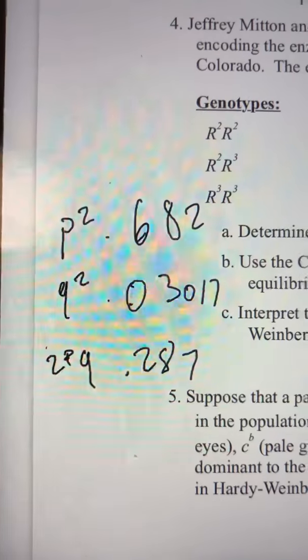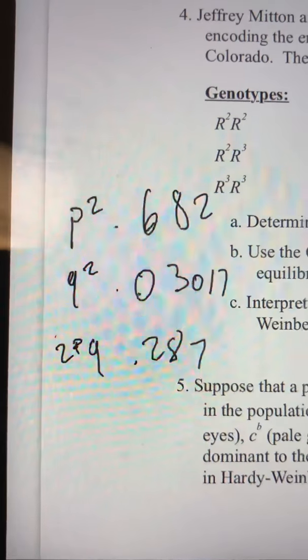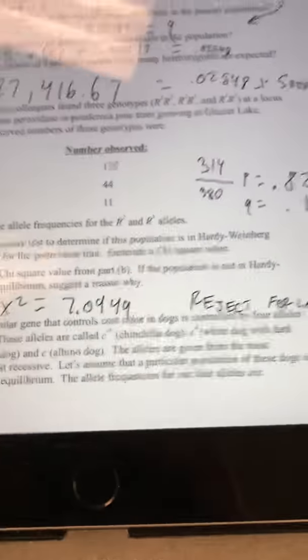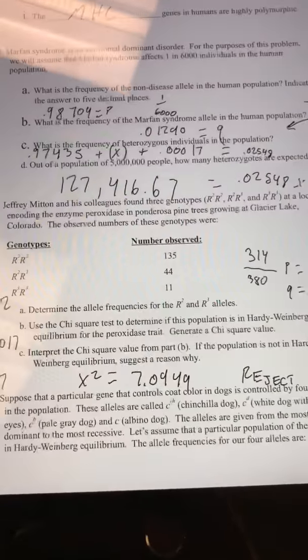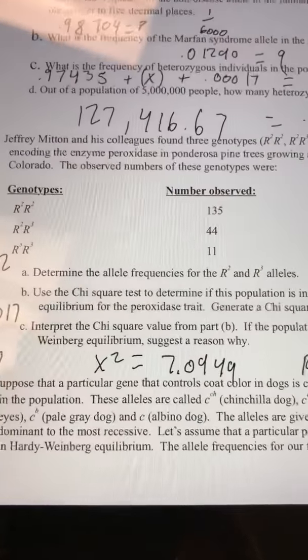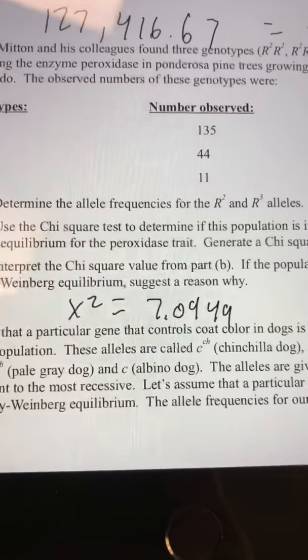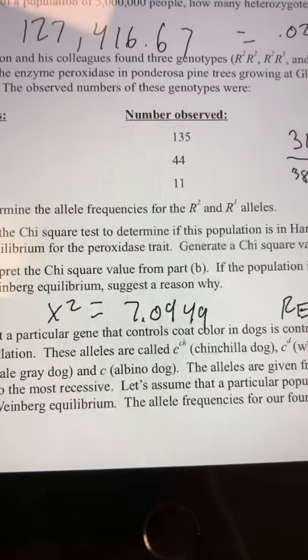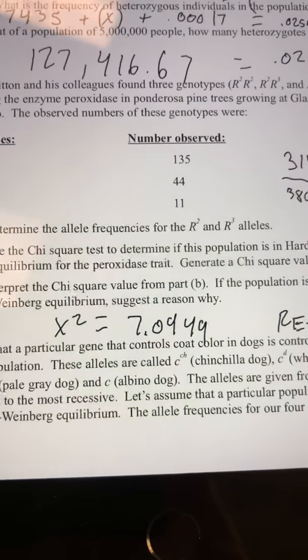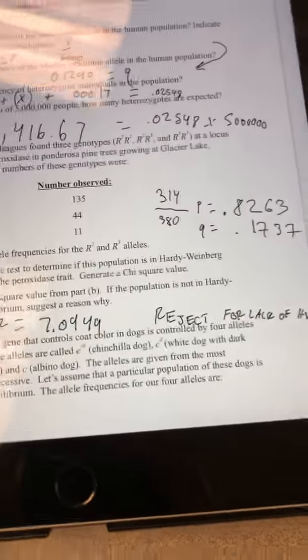So we've got your P squared, Q squared, and the 2PQ, which all add up to 1. And then after a lot of math, which is the chi-square you guys know how to do, you find an x squared value of 7.0949, and we can reject for lack of Hardy-Weinberg equilibrium.